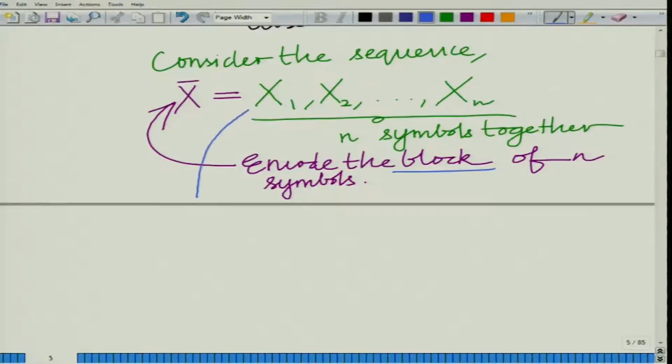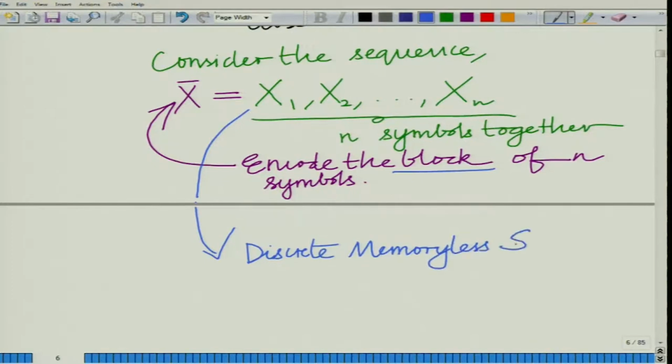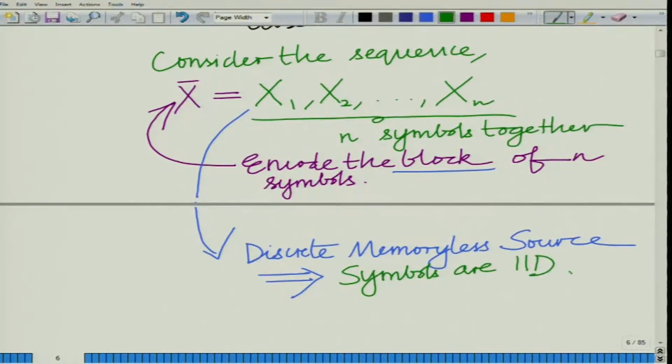Okay, n IID symbols, remember, because we are considering a discrete memoryless source, which implies that the symbols are independent, identically distributed.